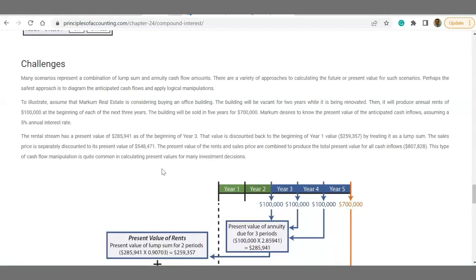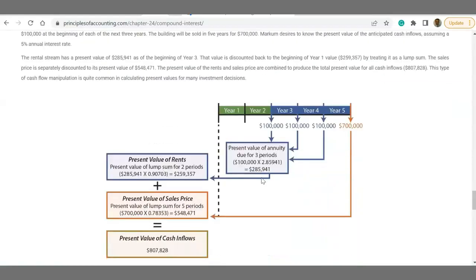So here is again talking about that present value calculation, which we covered in previous chapters already.